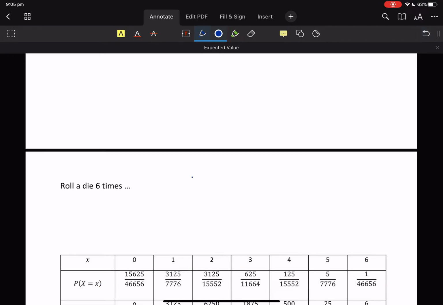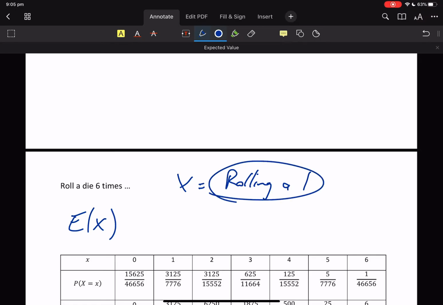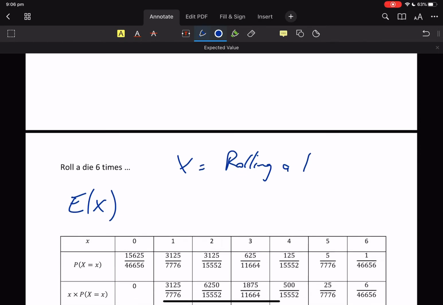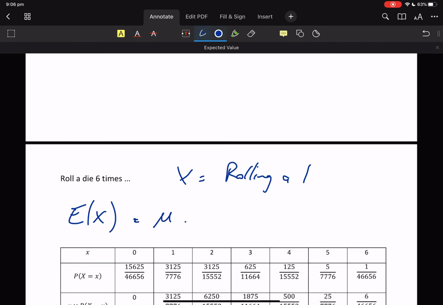Remember, X was rolling a 1, and I want the expected value for X, which is how many 1s do I expect to roll? Well, common sense tells me it's going to be 1, but my rule is the sum of P_i X_i.